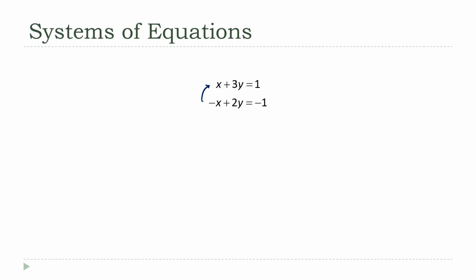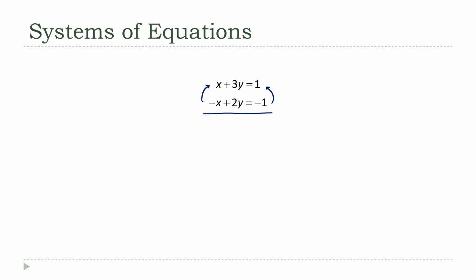And then I've got to do the same thing on the other side, right? To keep it balanced. But on the other side, I'm going to add negative 1. And it's that substitution principle that says that's fair play, because minus x plus 2y and negative 1 are equal, I can use them interchangeably. And if I do that, watch what happens.